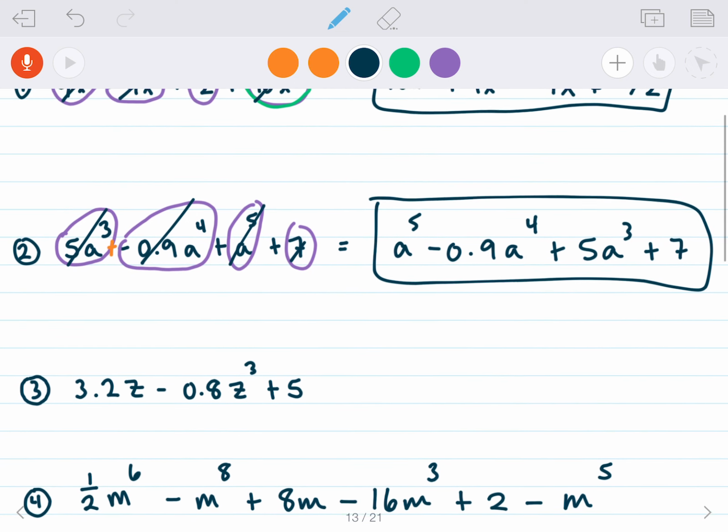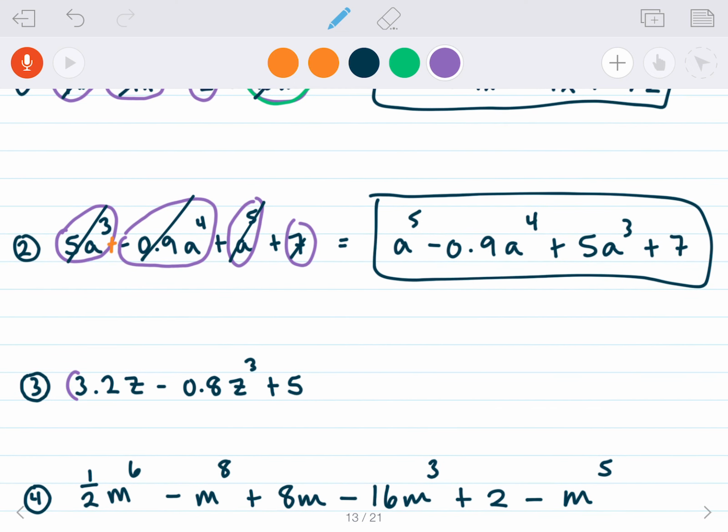All right, next one, our variable is z, and it looks like this is my first term. Remember, there's this plus sign, y'all. This is my second term, and this is my third term, okay? All separated by plus signs. So the highest exponent is definitely 3, right?